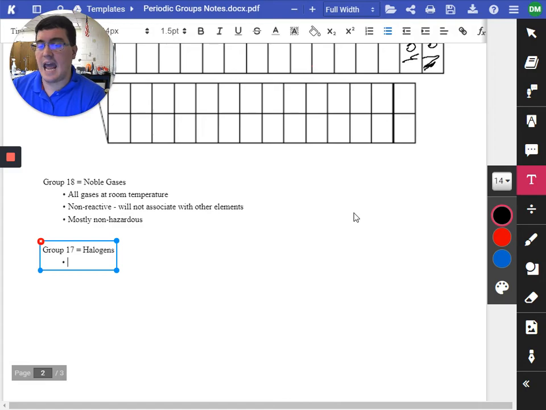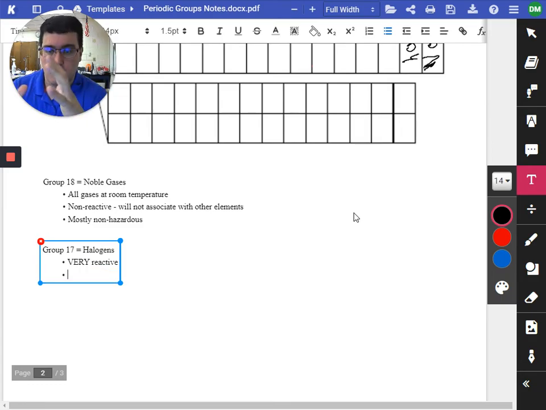So group 17, the halogens, in sharp contrast to the noble gases, are very reactive. You can mix them with just about any element on the periodic table, and they're going to react with it. If you give them a little extra energy, they will even force the noble gases to react. Kind of fun. Or if you compress them all together. You're familiar with these halogens. Most of you have heard of halogen lights. Halogen lights come from the fact that there's iodine in them.